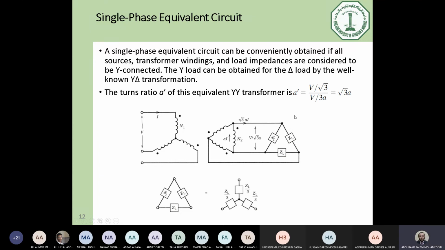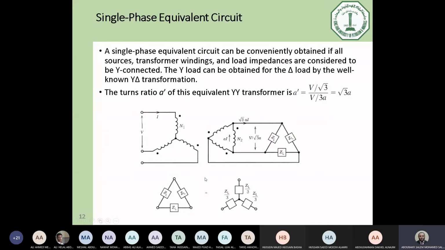We need to convert from delta to Y. For any impedance, the impedance of delta will be divided by 3 to get the equivalent star.